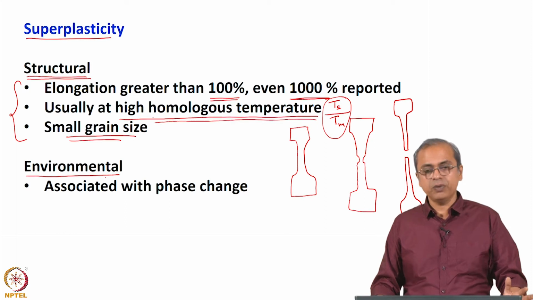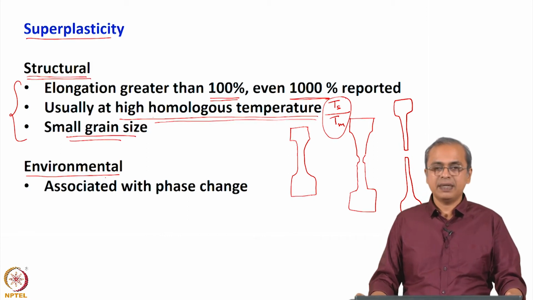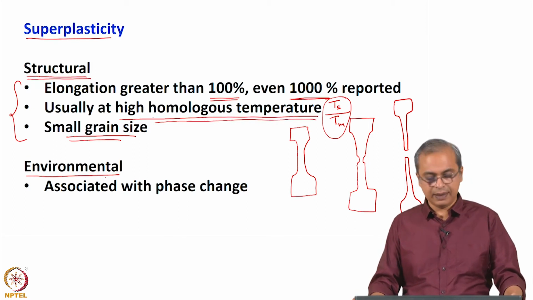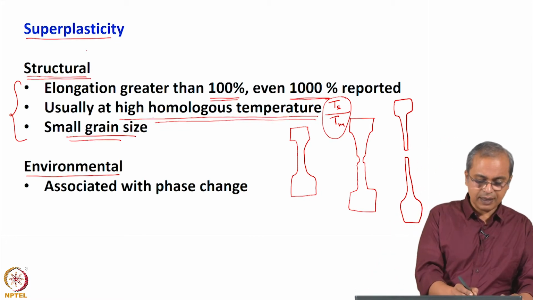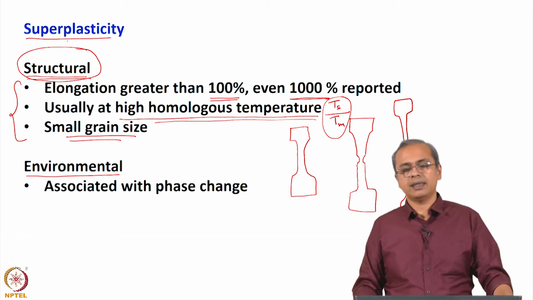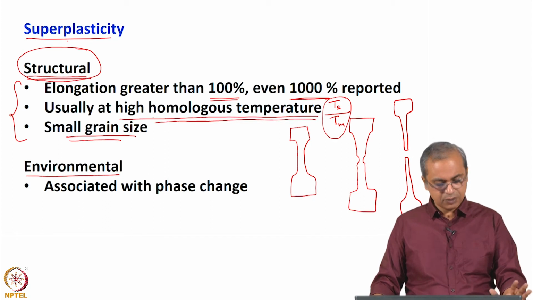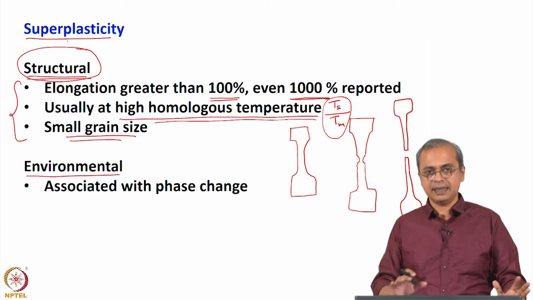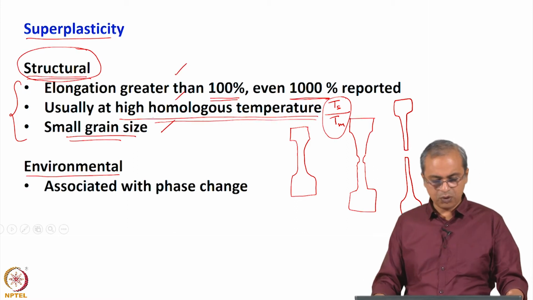However, for most engineering and technological applications, which is what we desire in material science and in the context of this course, the one that we are looking at is structural superplasticity. This is the one more relevant for our discussion, and it is associated with the smaller grain size and all these other phenomena that we saw here.